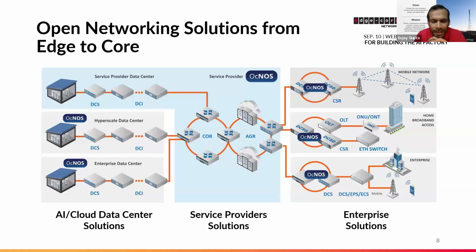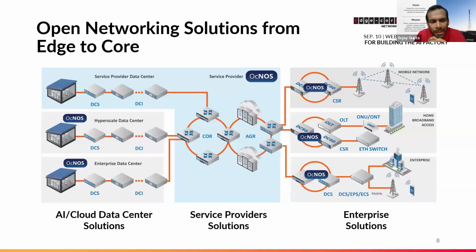And then on the access or enterprise side, on the right-hand side, we have a large portfolio of products, right from Wi-Fi access points to PoE switches to Ethernet switches to cell-site router gateways. We are not going to delve into all of those, but we have this complete portfolio.